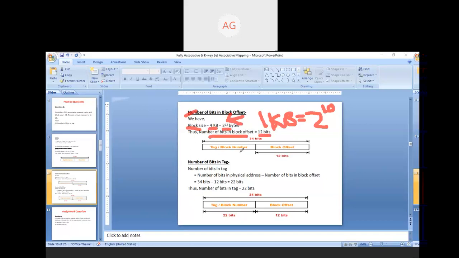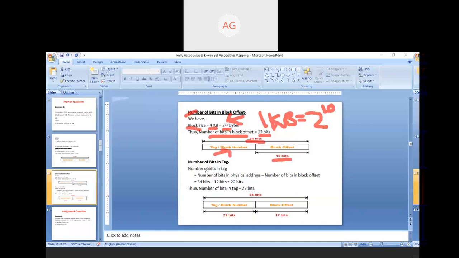As per the diagram, we already found the size of the physical address, which is 34 bits, and the block offset is 12 bits. So we need to just subtract these in order to find the number of bits in the tag.